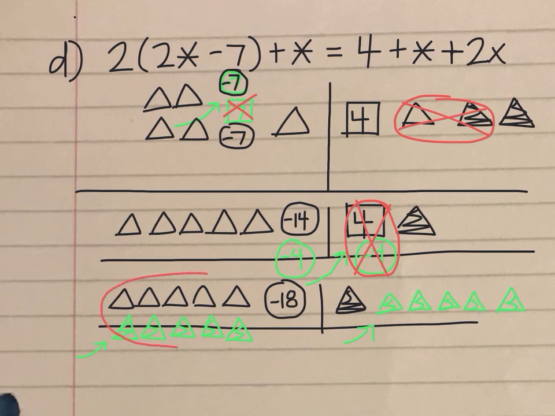I have 5 0 pairs on the left that I can cancel. And now what I've got left says I've got 1, 2, 3, 4, 5, 6 shaded triangles equals negative 18, which means that 1 shaded triangle equals negative 3. My star would equal 3.